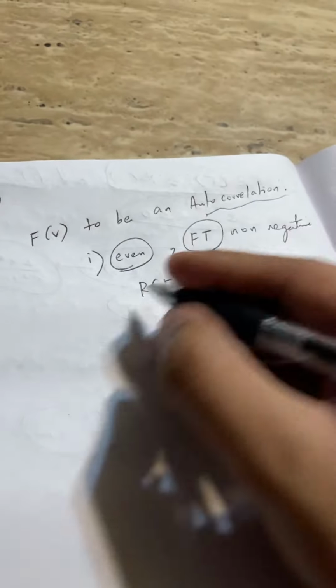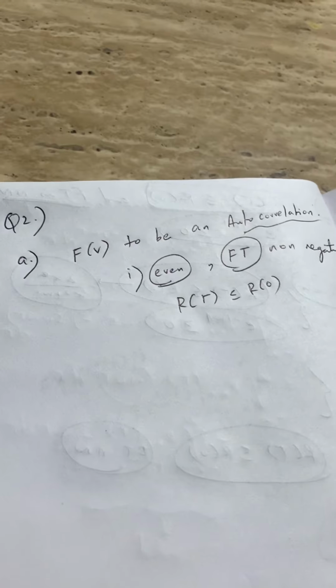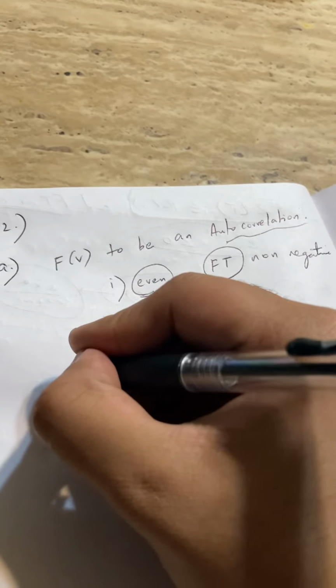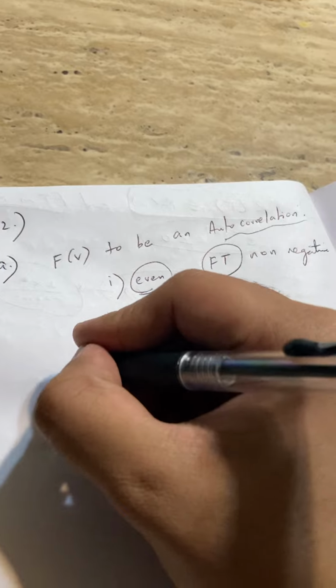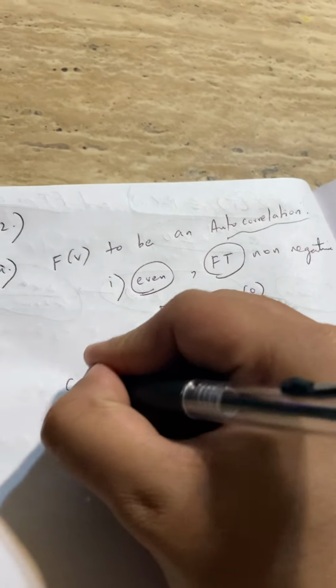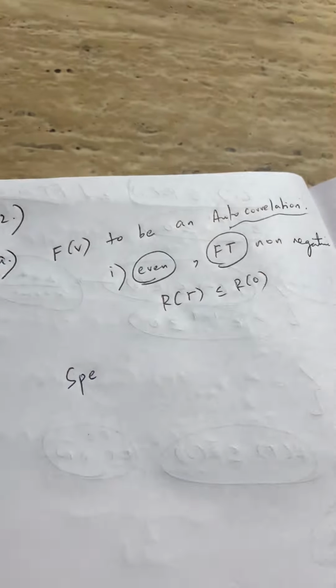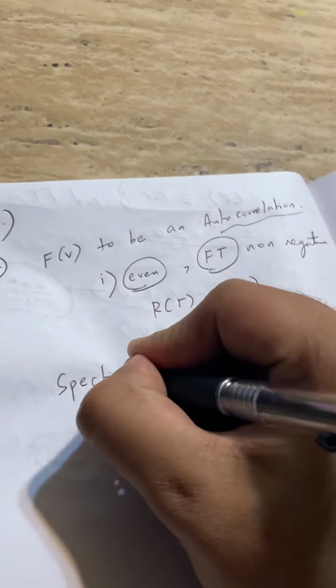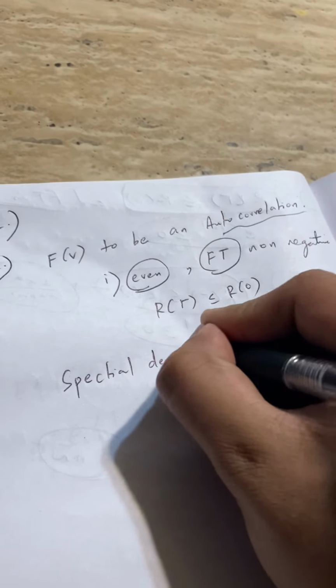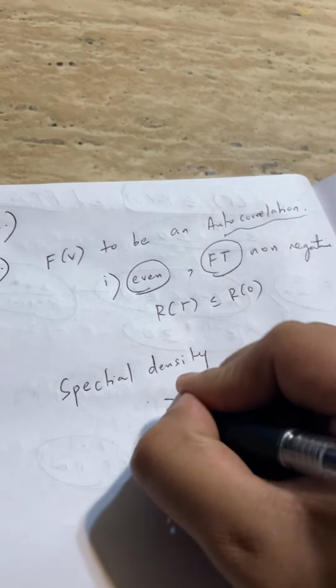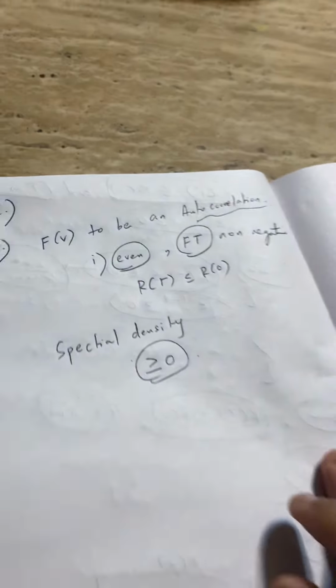These are the necessary conditions for an autocorrelation function. For a function to be a spectral density, the function must be greater than or equal to 0.